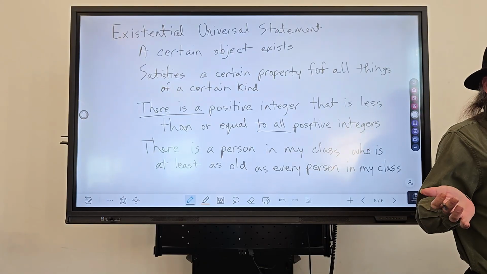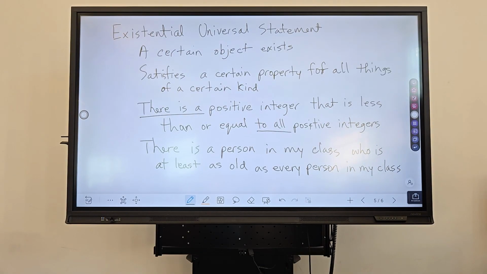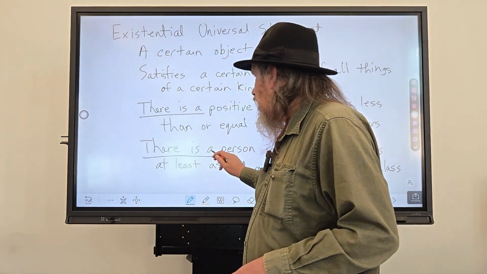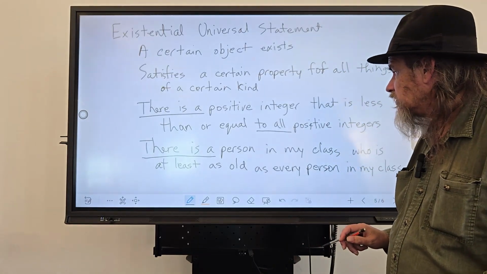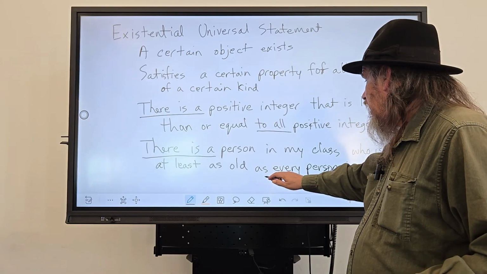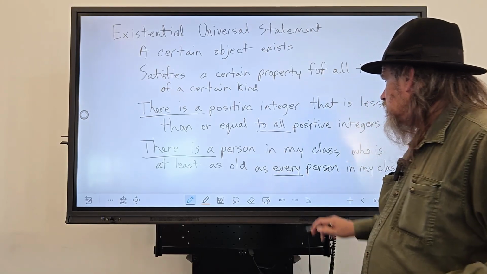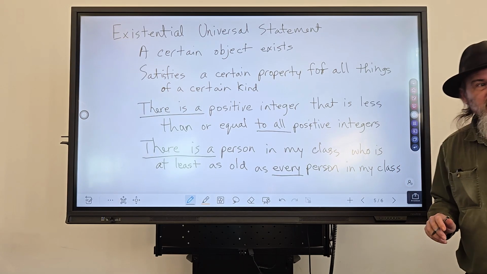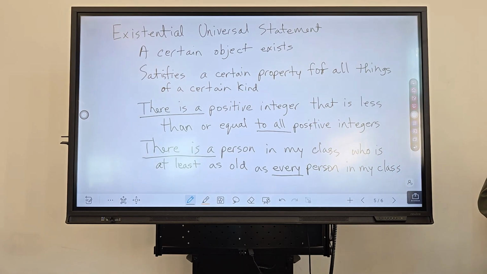There is an oldest member. There is a person that is the oldest in the class. Is a less formal way of saying that. But there is a person, existential, who is at least as old as every person in my class. Universal. So it is existential and universal.